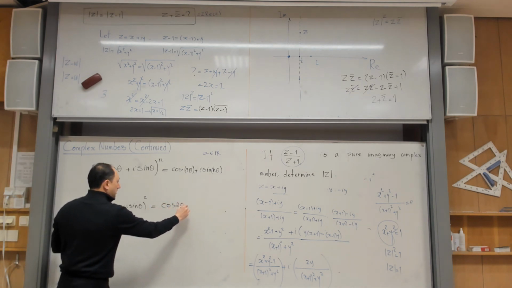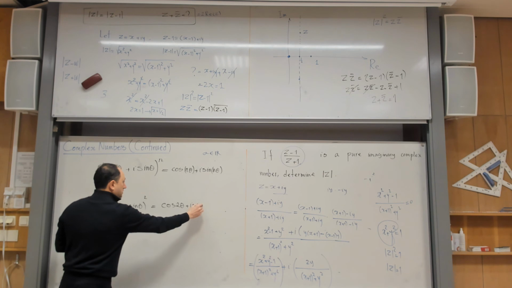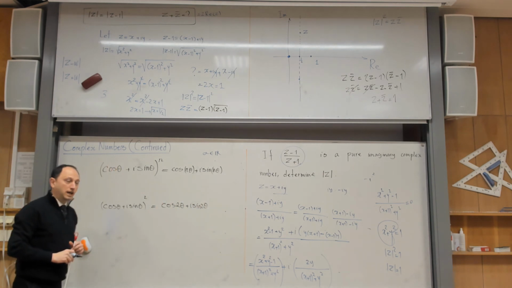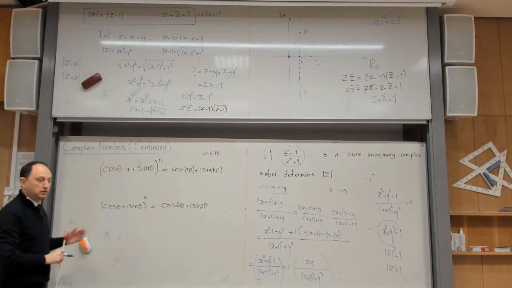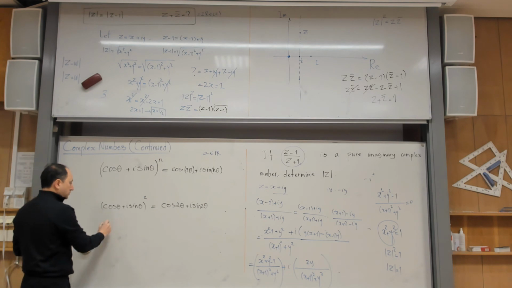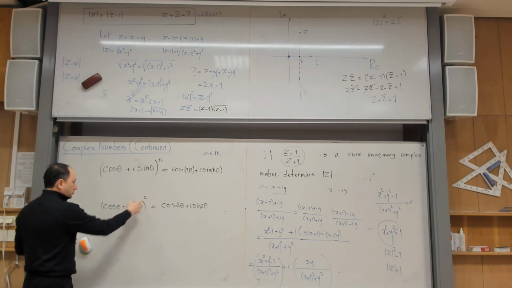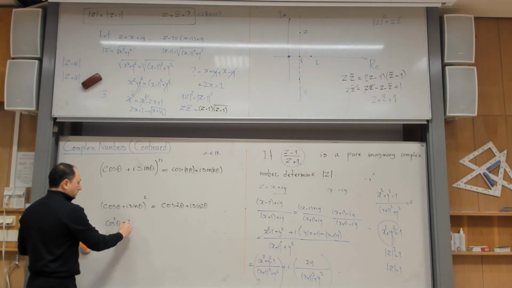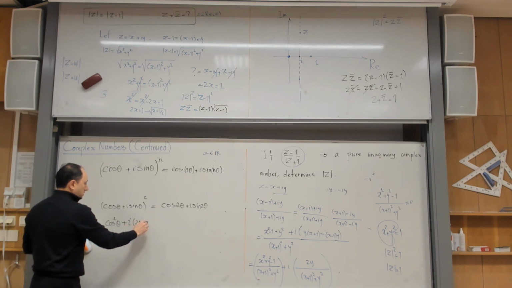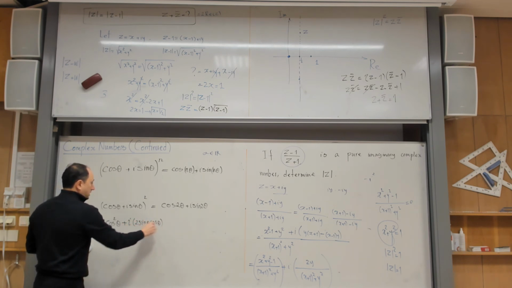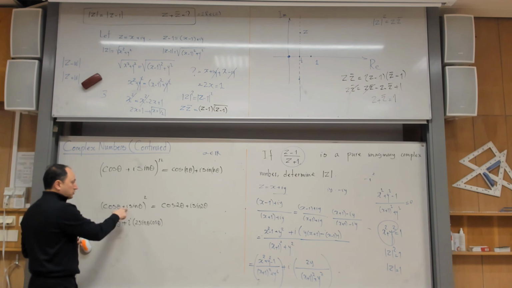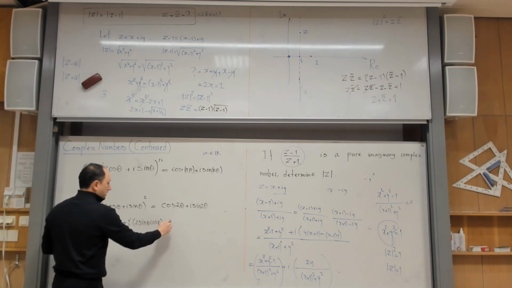Cosine 2 theta plus i sine 2 theta, yes? And another one is the usual way. Raise this one to power 2: the first one squared, 2 times the first one times the second one, and the second one to power 2. But the second one to power 2 becomes minus sine squared, yes?